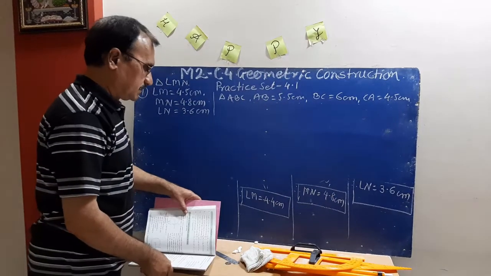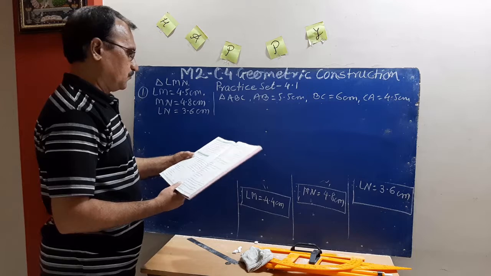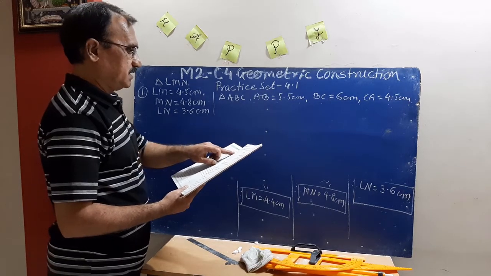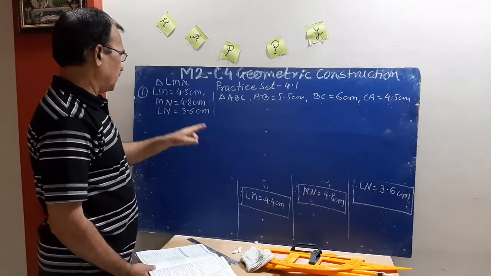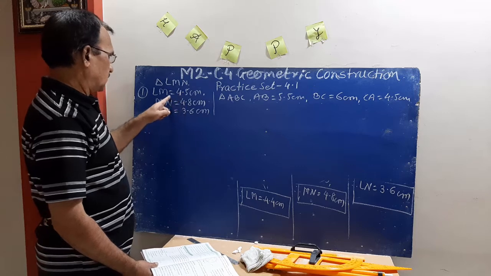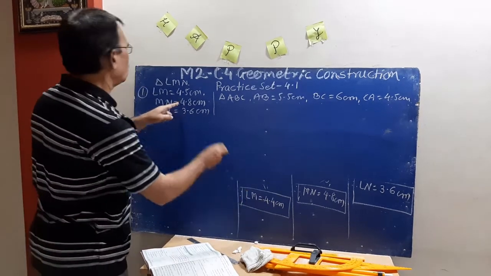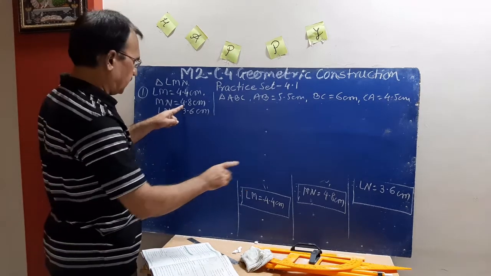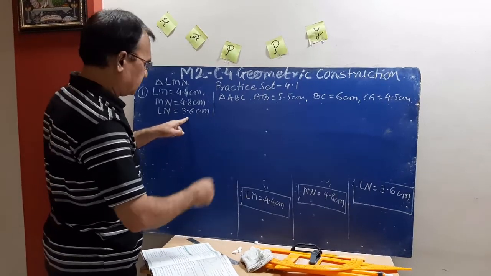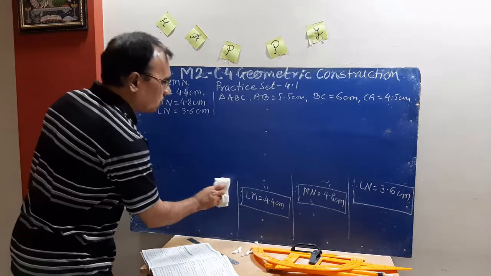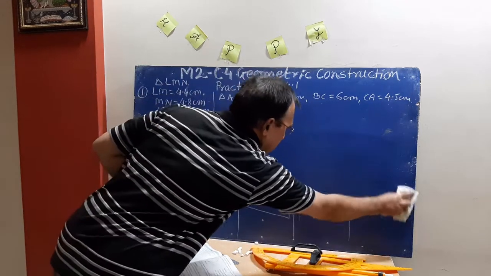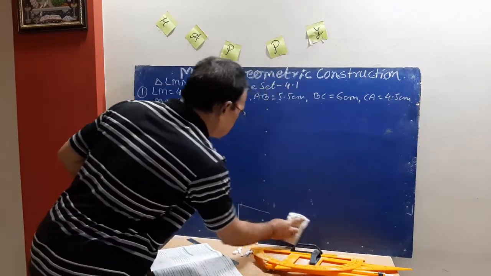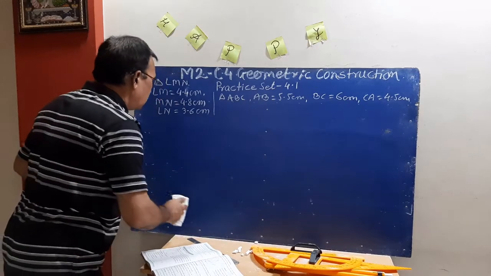These are given measurements. AB 5.5, BC 6 and CA 4.5, and LM is 4.4, not 5. Then MN 4.8 and LN 3.6. All these measurements are here, and now we can easily construct both triangles.